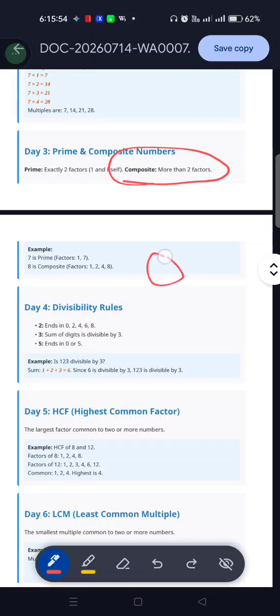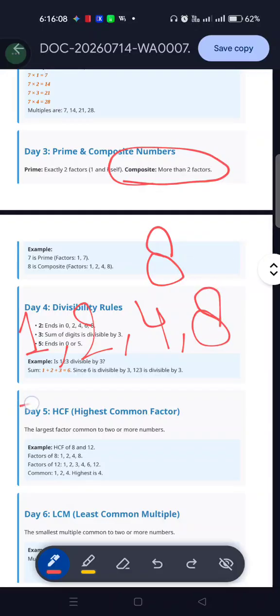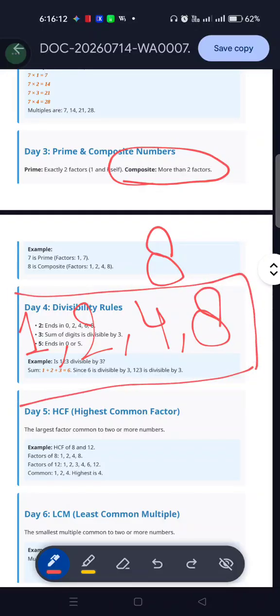So just see here, 8. You can divide 8 by 1, 2 and 4, and 8. Also you can say 8 can easily come in the table of these four numbers. Okay, so it is a composite number.